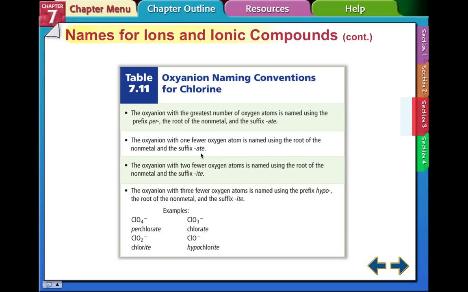With one fewer, you're going to use the root and ate, so you have chlorate. When you have two fewer, you're going to use the root and ite, so we have chlorite. And if you have three fewer, you're going to use hypo, the root, and ite, so we have hypochlorite. This just takes practice, getting used to using these.